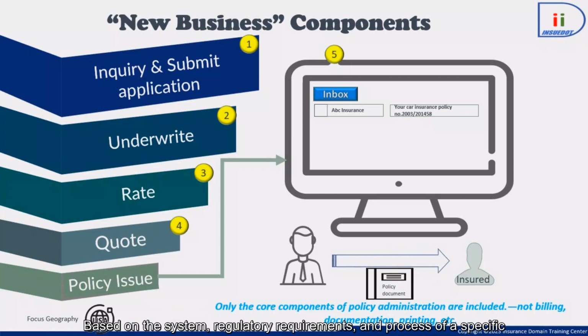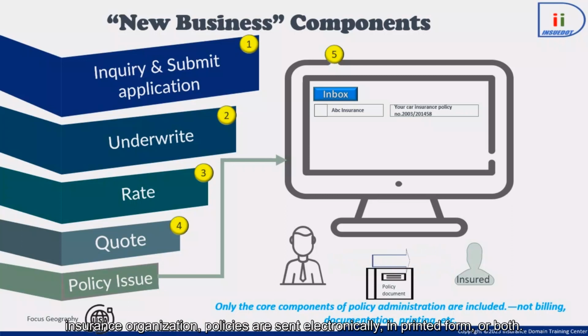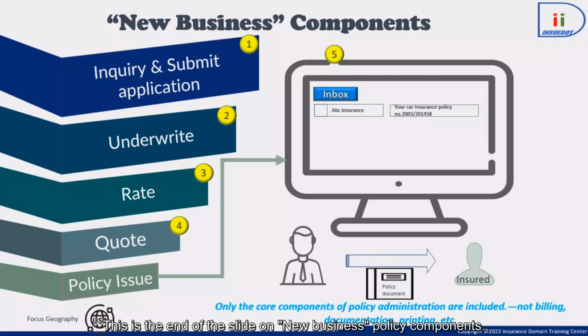Based on the system, regulatory requirements, and process of a specific insurance organization, policies are sent electronically, in printed form, or both. You would have seen that now most of the insurance policies are also sent electronically through email or allowed in portal for download. This is the end of the slide on new business policy components.